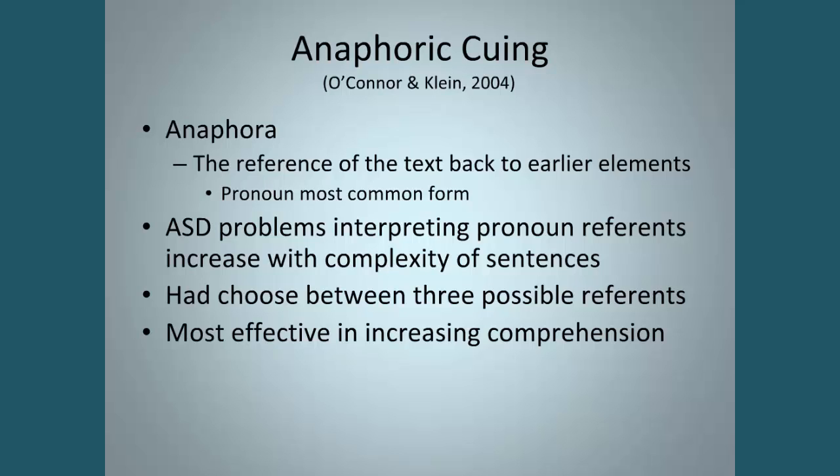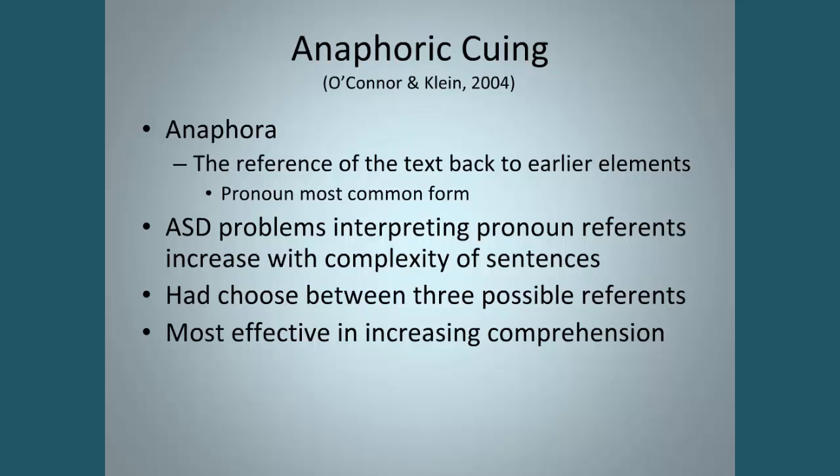And anaphoric, or anaphora, is really the reference of the text back to earlier elements. So, like, John wore a red sweater. He wore it to school. He thought he looked very handsome in his red sweater. So did Susie. And so you want to know who the he is.